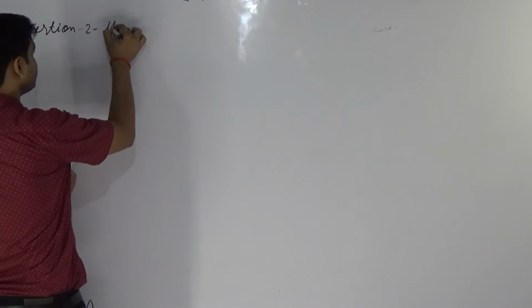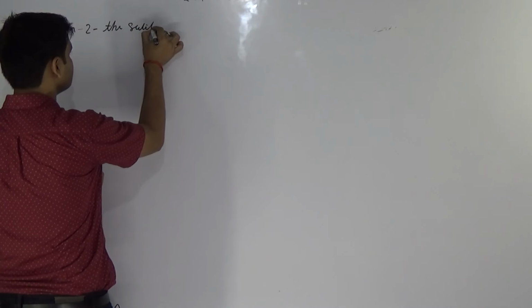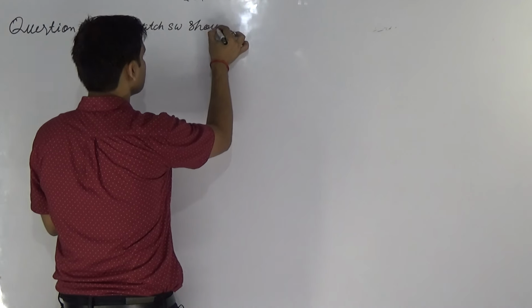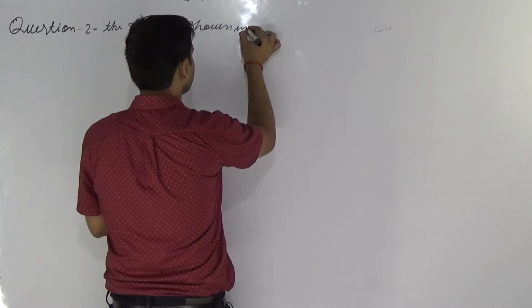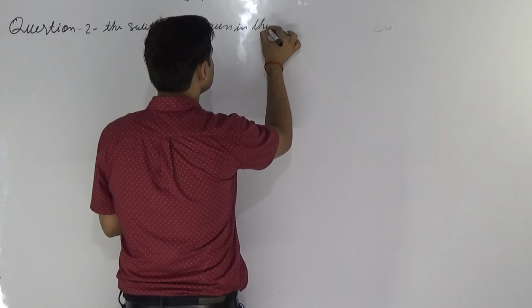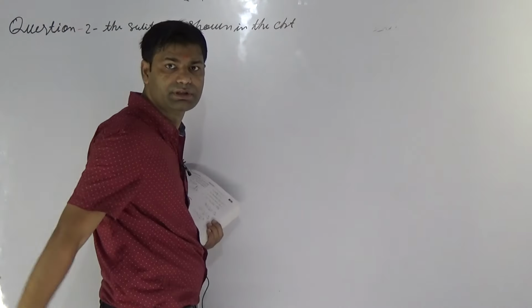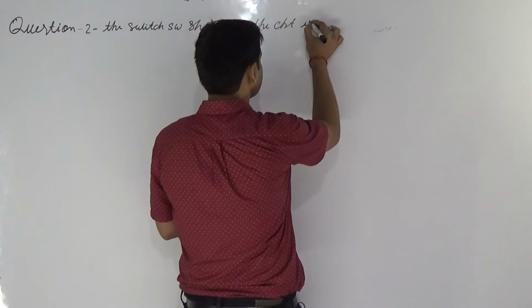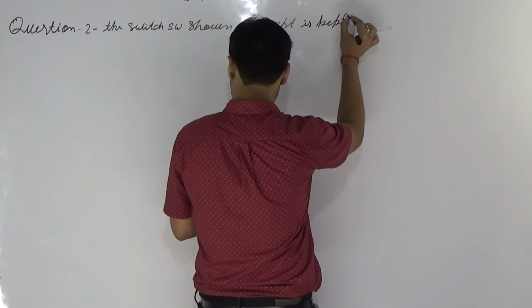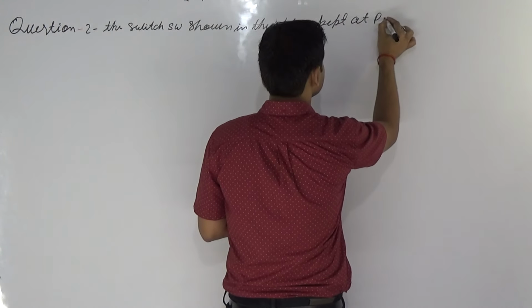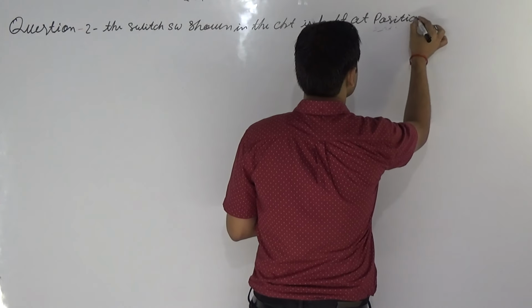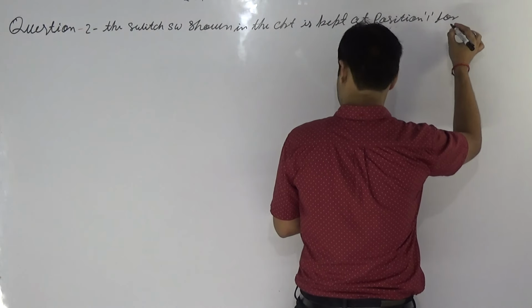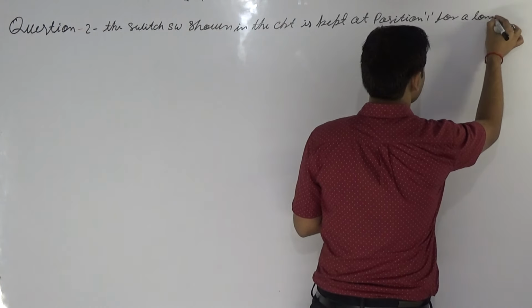The switch SW shown in the circuit is kept at position 1 for a long time.